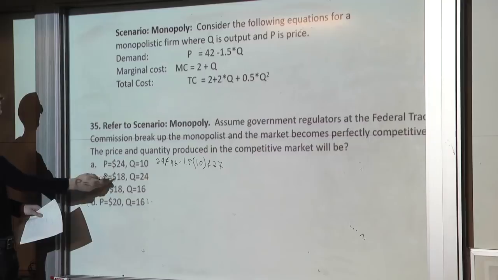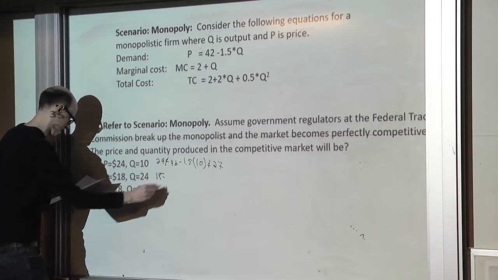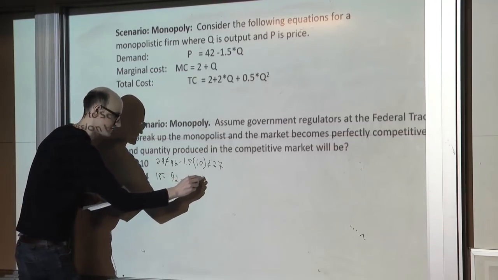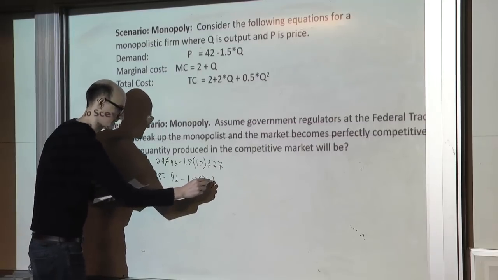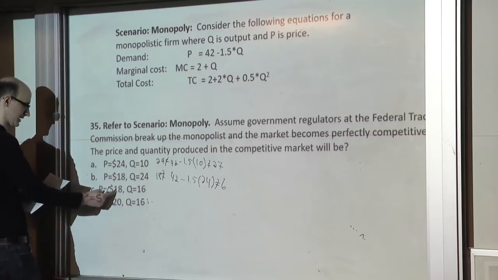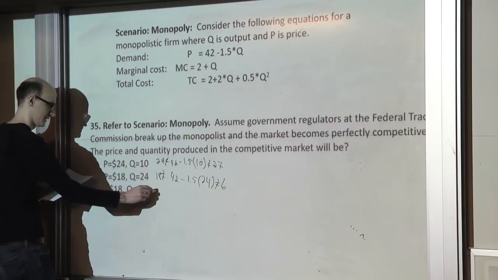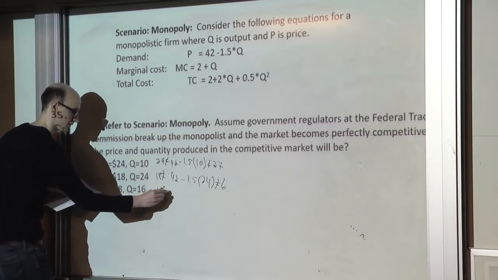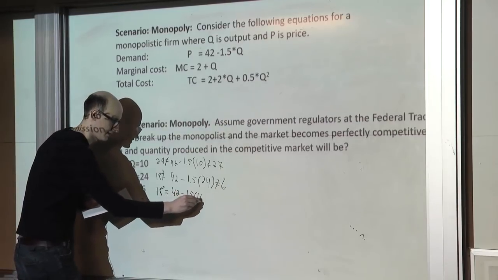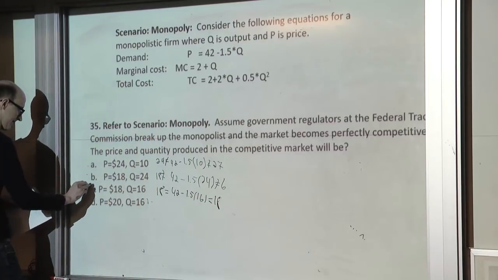Plug in B, 18 equals 42 minus 1.5 times 24, which equals 6, so that obviously does not equal 18. And 16: plug in 18 equals 42 minus 1.5 times 16. That does equal 18, so we're okay here.